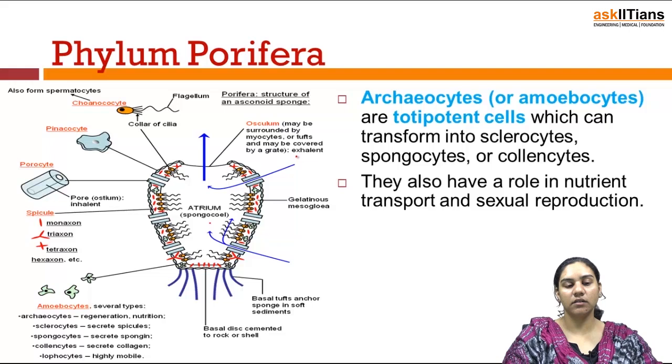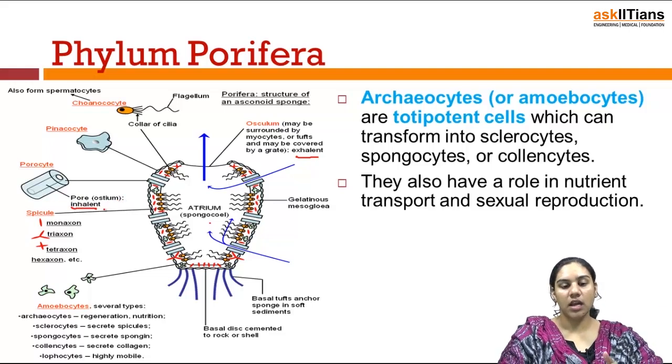The pores, which are made up of the porocytes, are inhalent in nature, which take up the water, and through the porocytes or the pores it enters into the spongocoel, and then it is exited out of the osculum.